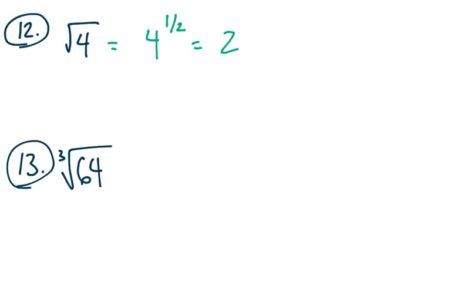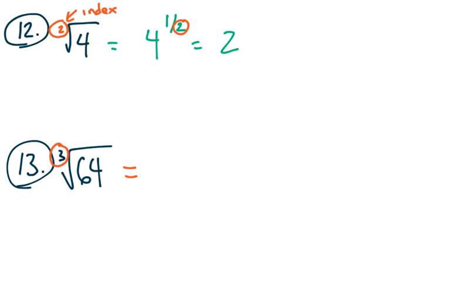Something important to note here is that there is technically a little value here which is called the index. And when it's not written, the index is 2. Hence we have this 1/2. But the index is not always 2. So we see in 13 it is 3.